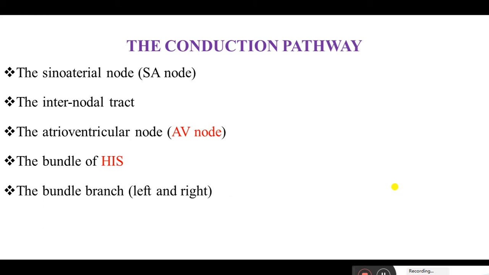The bundle of His branches into two main branches, the left and right bundle branch, each leading to the left and right ventricle and rooted into the ventricular myocardium, the muscular layer of these ventricles, and creating finger-like projections called the Purkinje fibers. And together, they depolarize the ventricular myocardium to generate ventricular contraction.